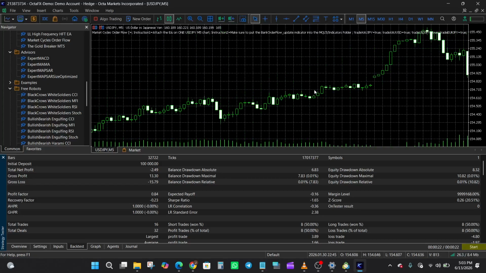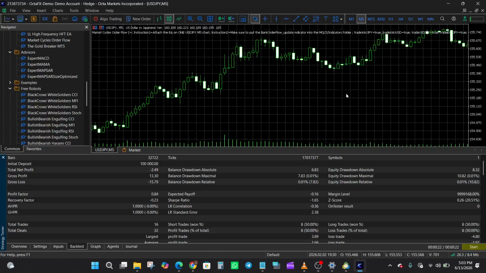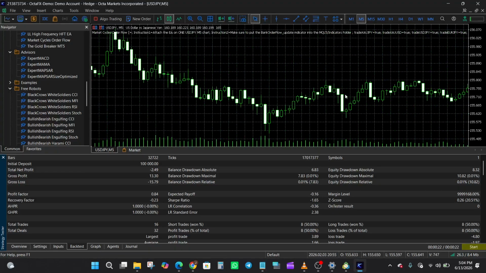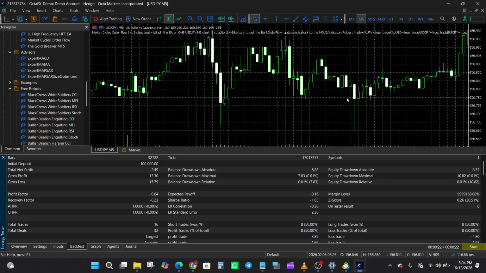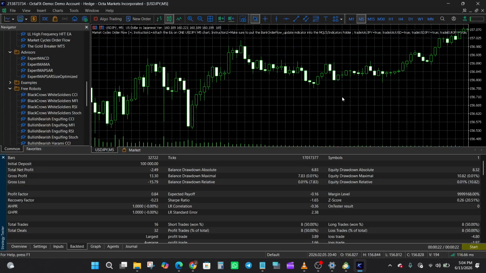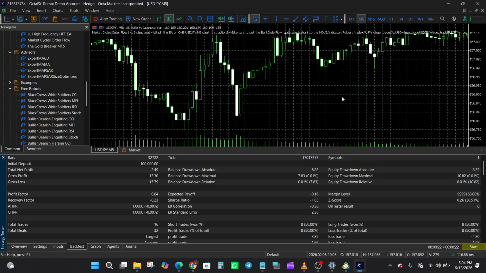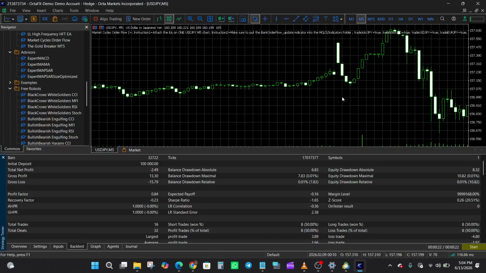So overall, the Market Cycles Order Flow EA for MT5 is positioned as a diversified multi-asset system that combines sentiment analysis, multiple indicators, and multiple trading strategies within a single framework. As always, before considering any live deployment, you want to take some time to perform your own testing, verify the setup requirements, and optimize the configuration based on your own trading objectives and risk tolerance.